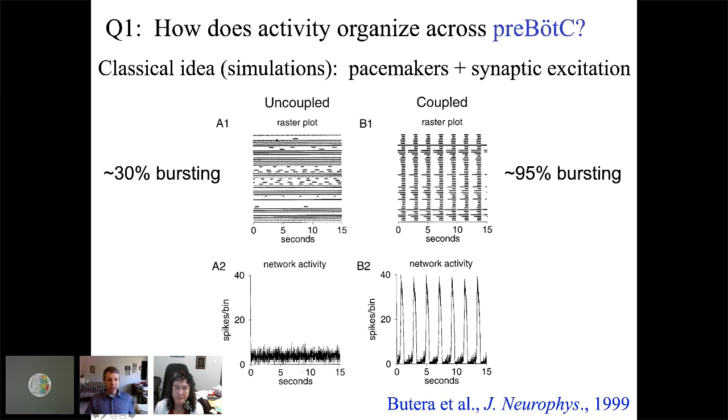Intrinsically, about 30% of them were bursting. Some you can see are quiescent, some are tonic, right? This is neuron number along the vertical and time along the horizontal, so it's a usual spike raster. And then as a whole, if they do some sort of counting of spikes per time bin, the network activity is sort of disorganized and would be insufficient to drive the diaphragm.